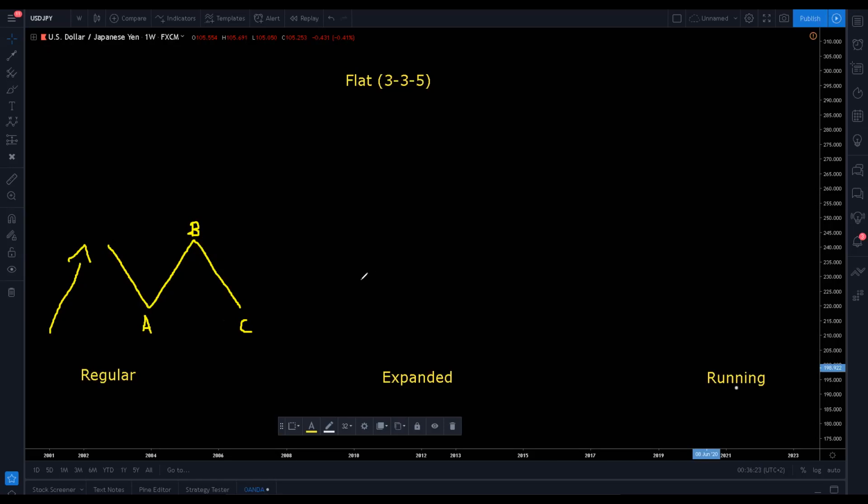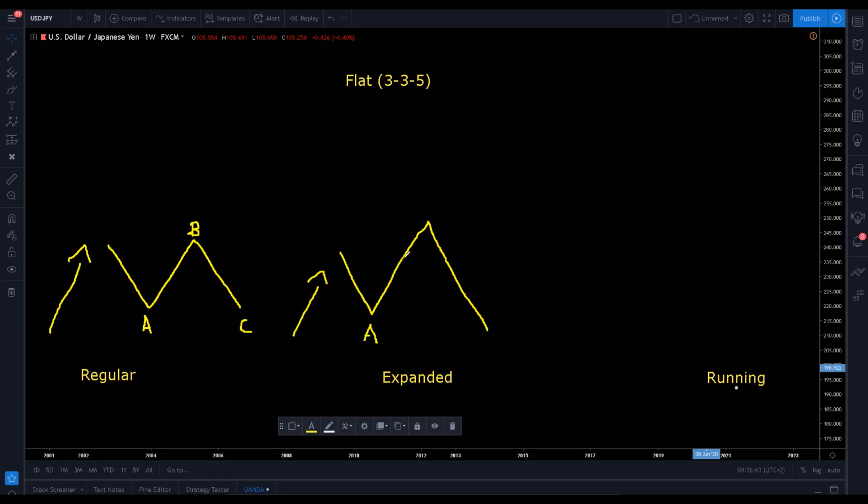And then for an expanded flat, same scenario, having an uptrend. Expanded flat will look like this. So you have your uptrend and then it starts to correct.